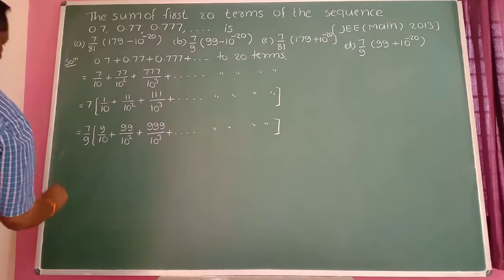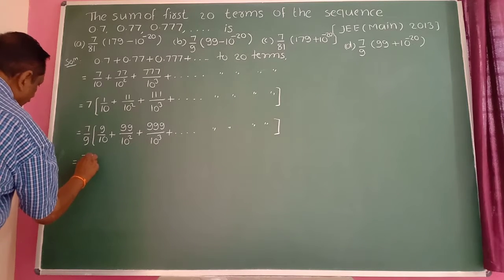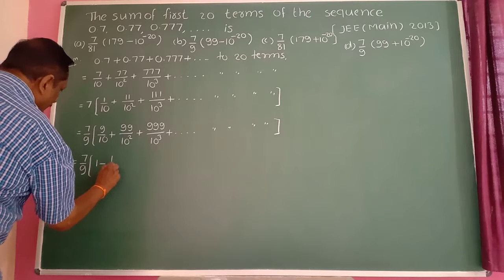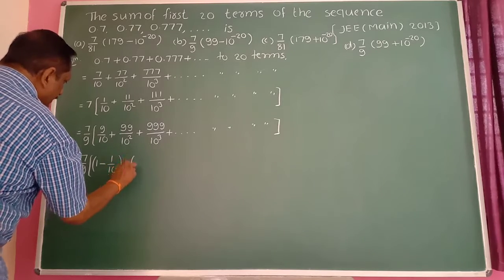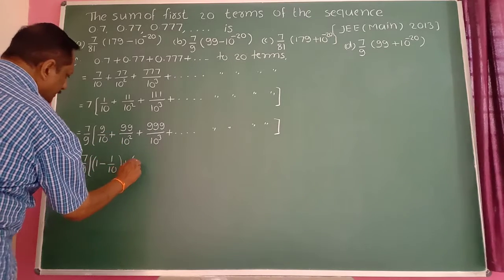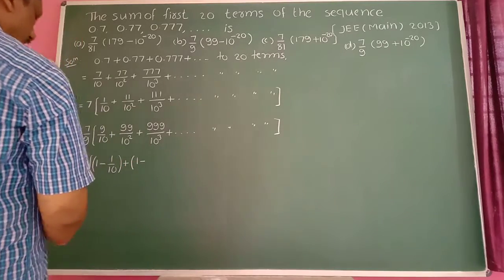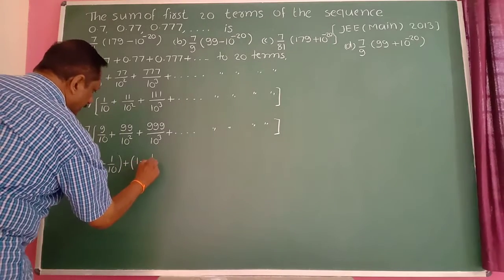Therefore, this is equal to 7 divided by 9. Here 9 by 10 is 1 minus 1 by 10 here. Then plus, 99 by 10 square means 1 minus 1 upon 10 square.